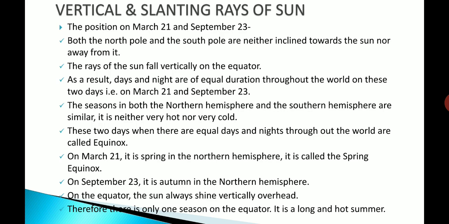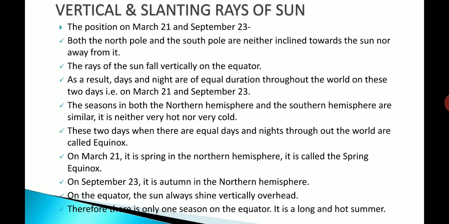As a result of sun rays falling vertically on the equator, the days and night are of equal duration on every part of the world on 2 days during the year. The season on the northern and southern hemisphere is the same, neither too hot nor too cold.